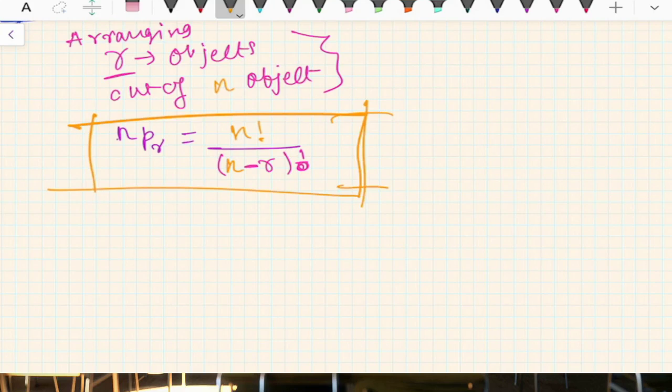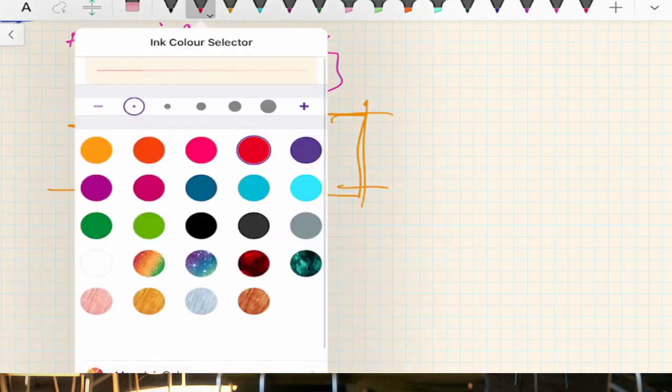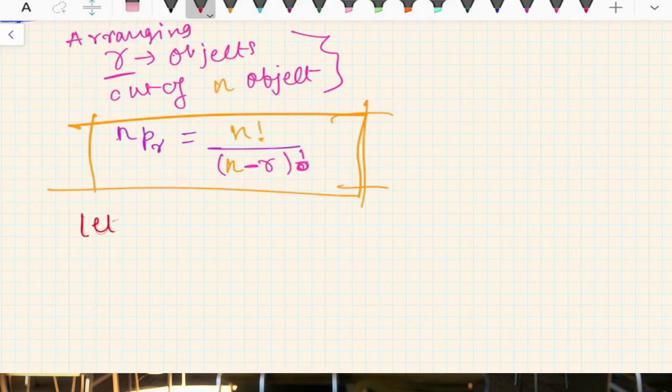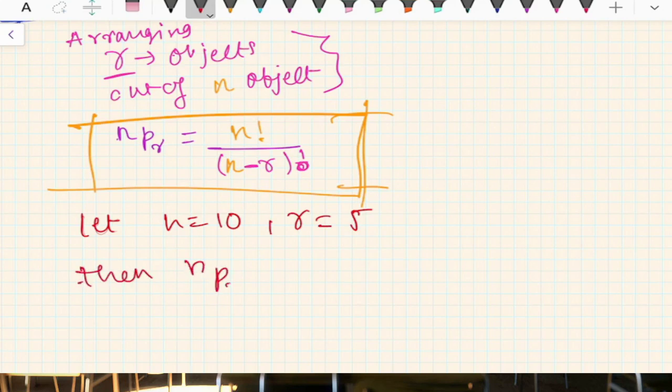Now let's just move on with some technical problems. What if n is equal to 10 and r is equal to 5, then what will be my nPr? So n is 10, r is 5, so it's just 10 factorial divided by 5 factorial.